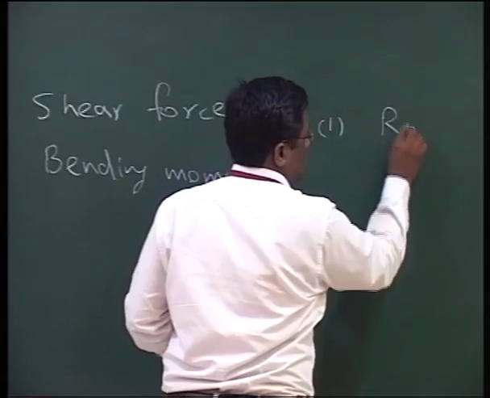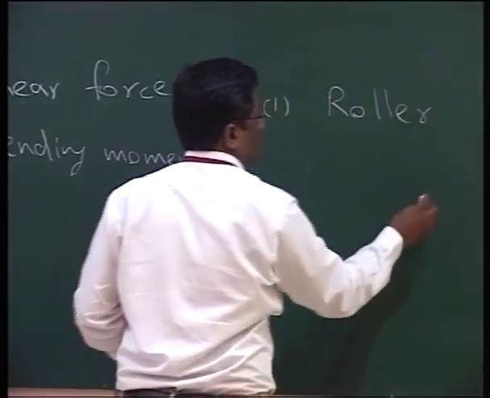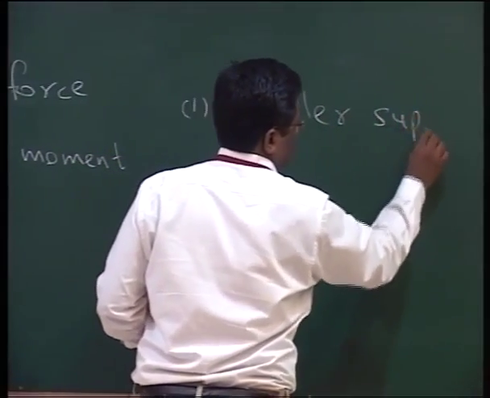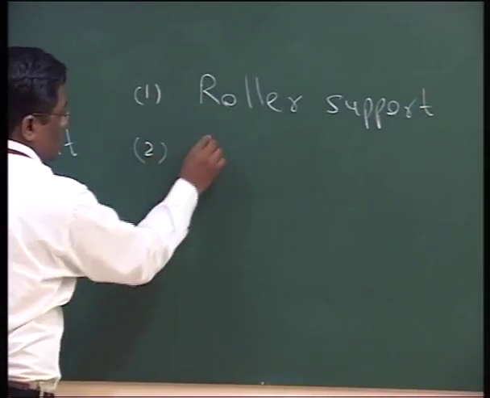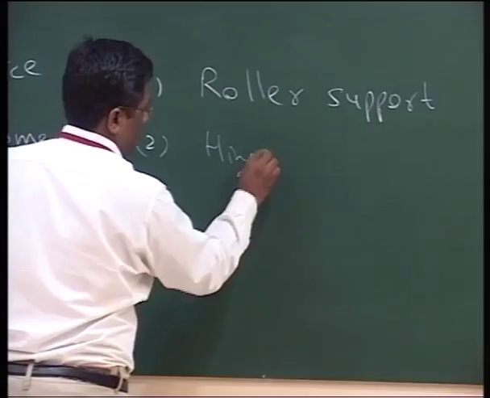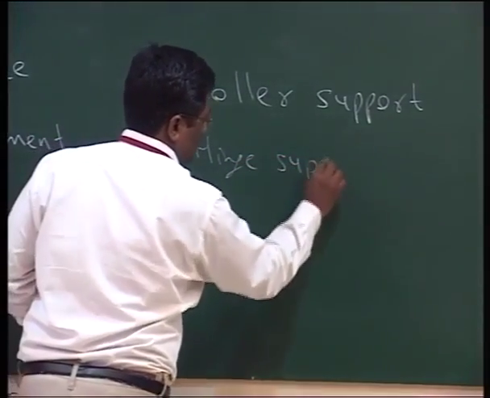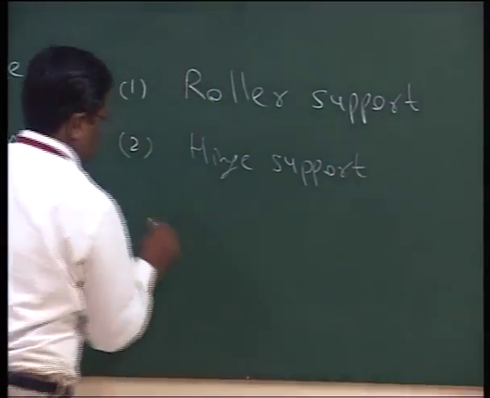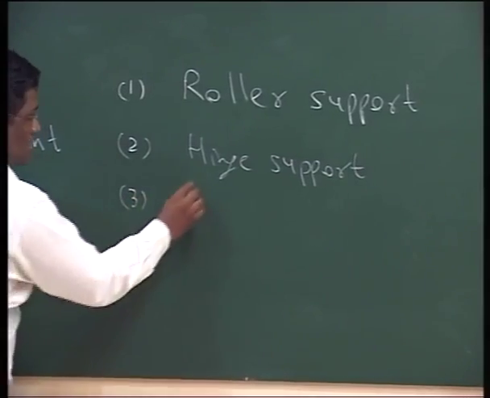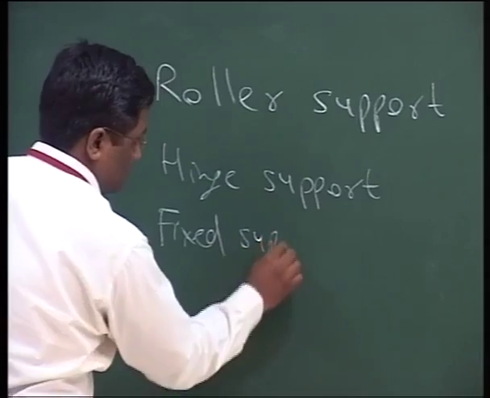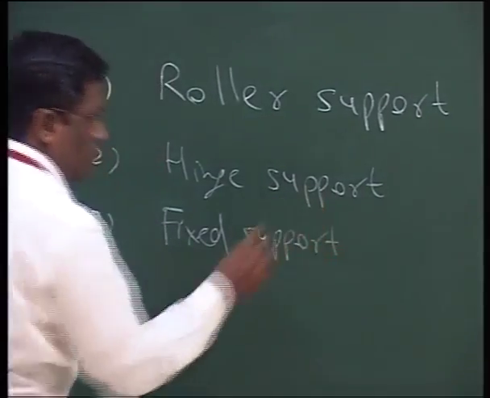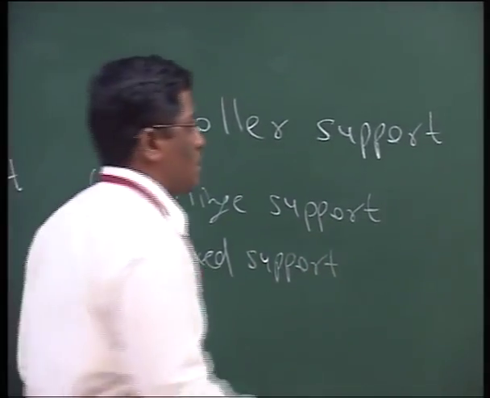The first one is known as roller support. The second one is known as hinge support. Whereas the third one is known as fixed support.